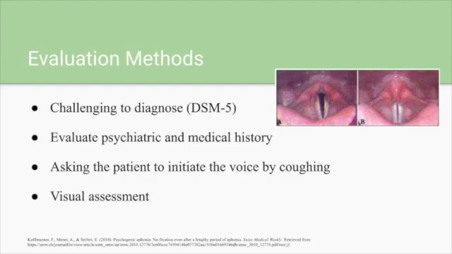And in evaluation, they must evaluate the patient's psychiatric and medical history to see if the loss of voice could be explained by something else, or to see if they have a history of developing physical symptoms from a mental disorder. And they also do a visual assessment, usually done through a videoscopy, which will show that non-phonatory movements are common and normal.